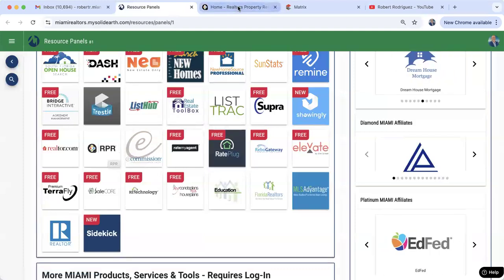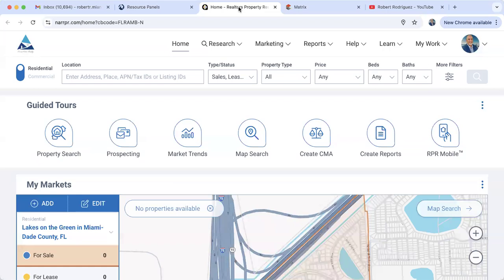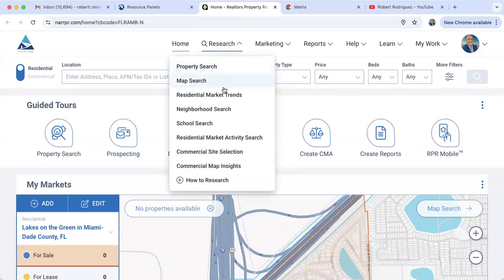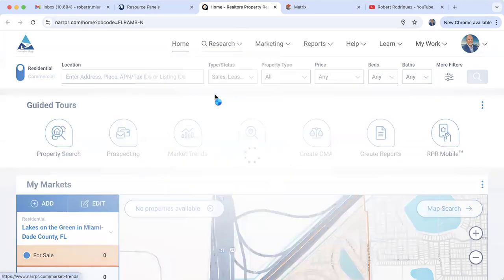RPR is a great program that allows us to run CMAs, presentations for our sellers and buyers, but also it allows us to run statistic reports. Okay, so you're going to go here to research, and let's start with a residential market trend.